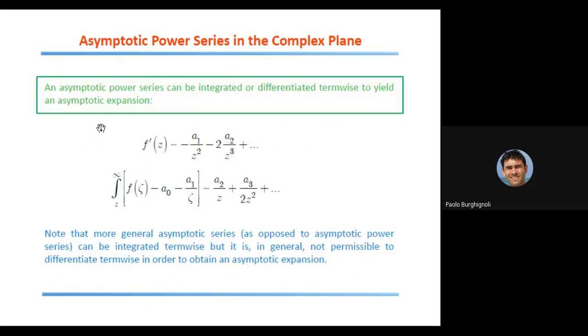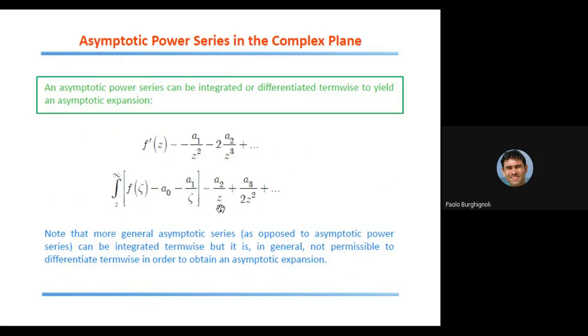Even more, if you have an asymptotic power series, you can integrate or differentiate it term by term. And what you get is an asymptotic representation of, for example, the derivative f prime or of the antiderivative. For example, here you can see the antiderivative of f minus a0 minus a1 over z.